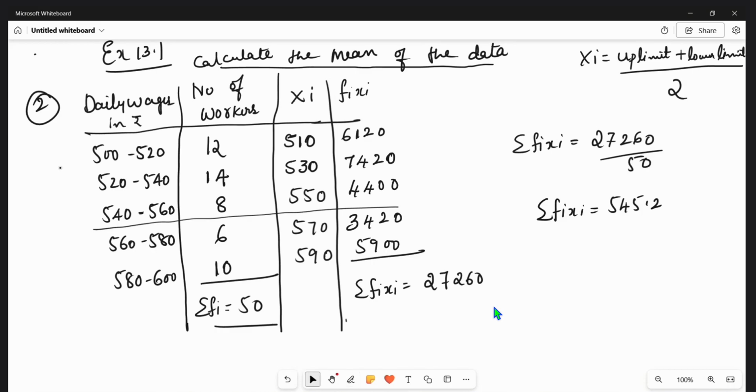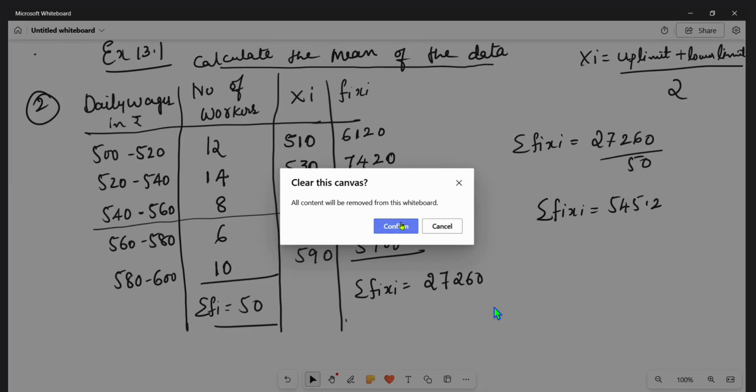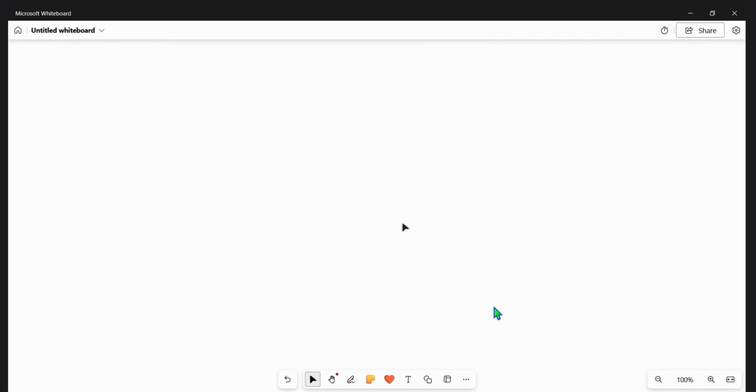Sure, everyone is getting it? So the same problem, we will do by the assumed mean method. Write down the problem. Second one.